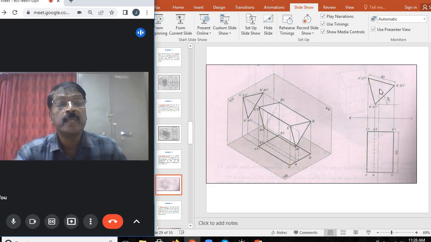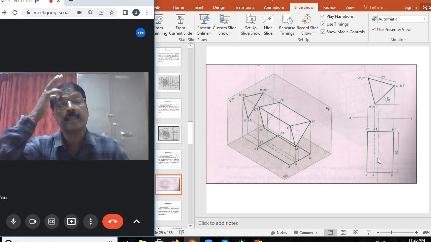When it is viewed from above this object, the straight line C dash C1 dash is visible, the line B dash B1 dash is visible, but A dash A1 dash is not visible.